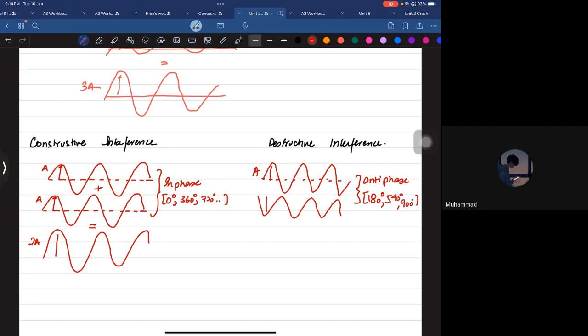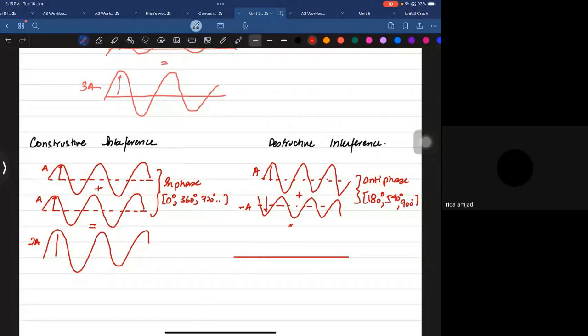So the amplitude of this one is going to be minus A. So if they meet somewhere, they're going to completely cancel out each other. Get it? Yes, sir.